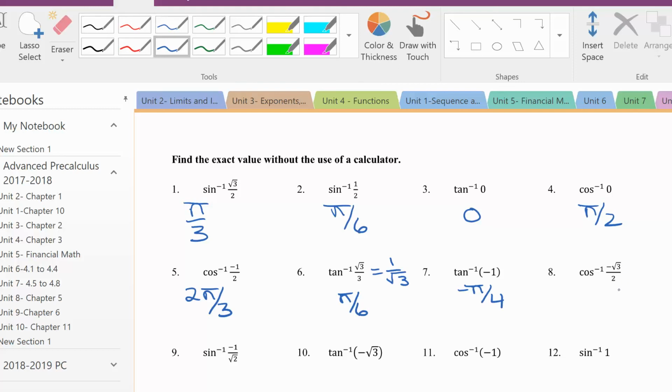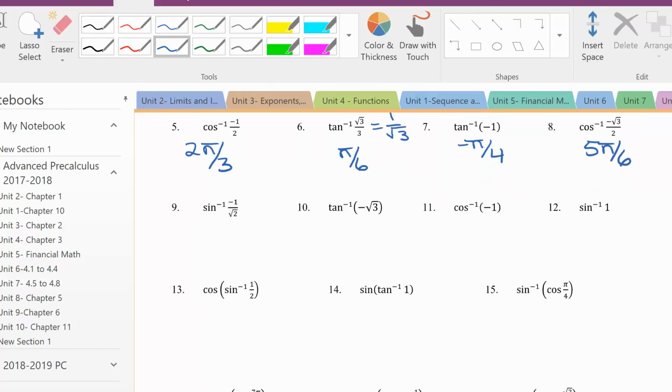Negative rad 3 over 2 for the cosine, well, that happens at a pi over 6 angle, but since it's cosine inverse, it's in the second quadrant, so it's 5 pi over 6. Sine inverse negative 1 over rad 2, that is the same as negative rad 2 over 2, which occurs in the fourth quadrant, so that's negative pi over 4.